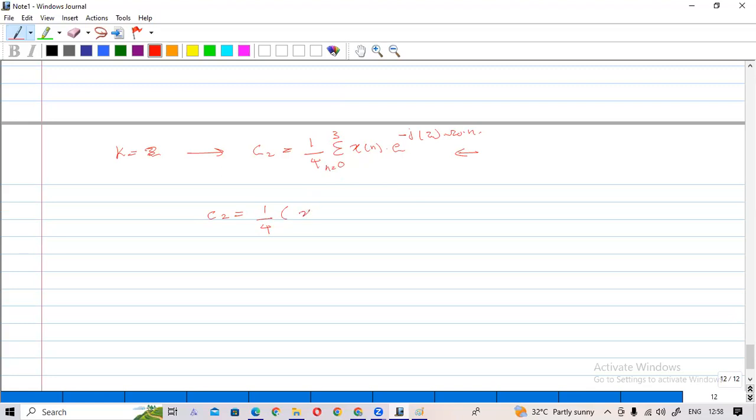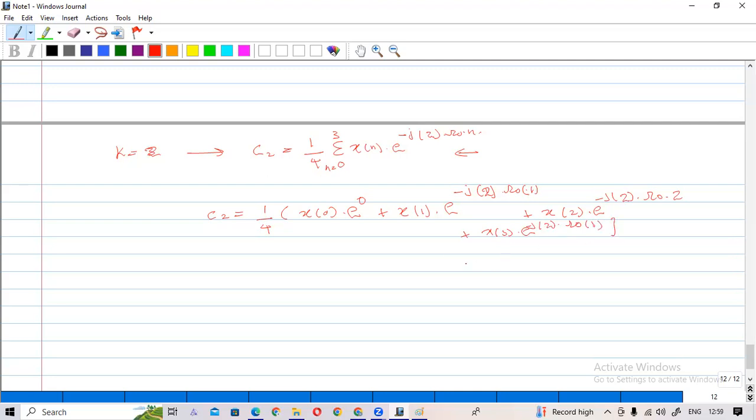So x0 e to the power minus j omega naught n, with n is 0, so it will be e to the power 0, plus x1 e to the power minus j, k is equal to 2, omega naught n where n is equal to 1, plus x2 e to the power minus j, k is equal to 2, omega naught n where n is equal to 2, plus now n is 3, x3 e to the power minus j, k is equal to 2, omega naught n where n is equal to 3.